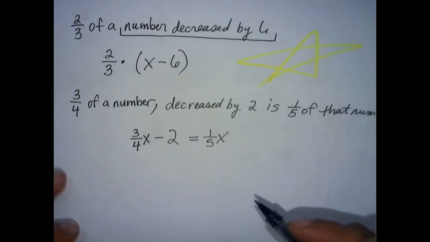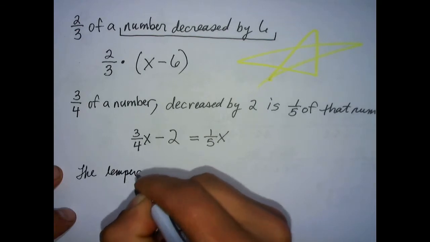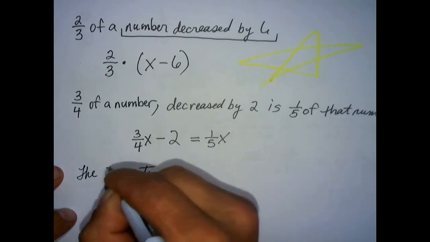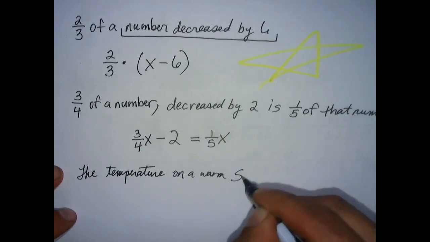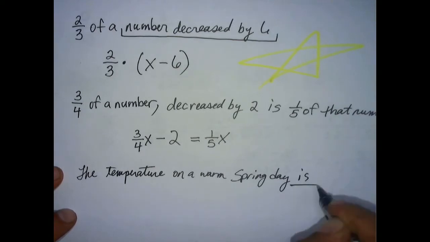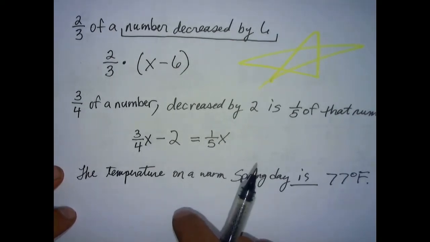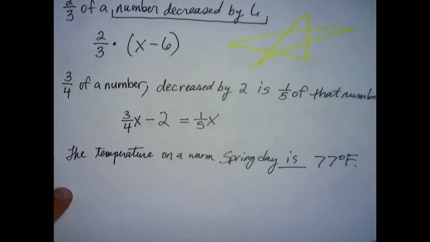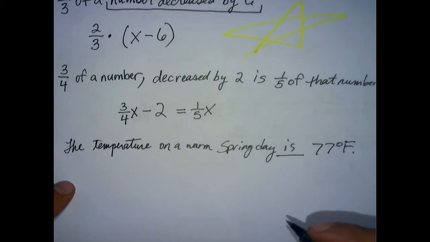So the temperature on a warm spring day is 77 degrees Fahrenheit. What is that in Celsius?